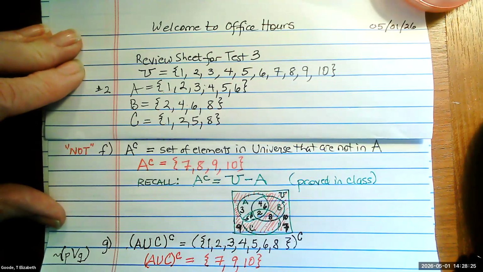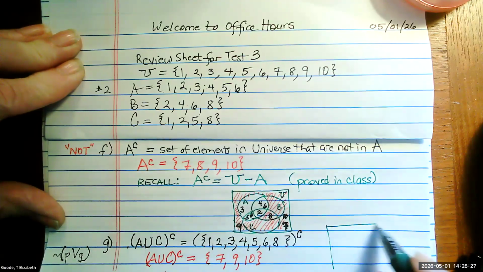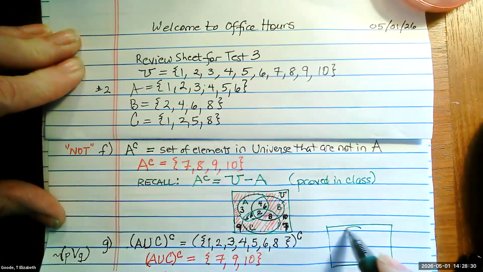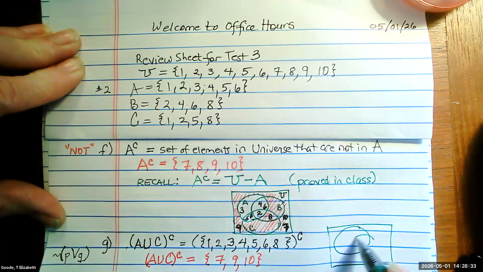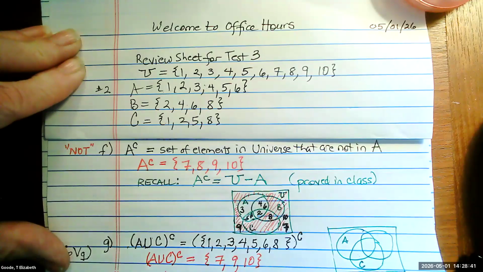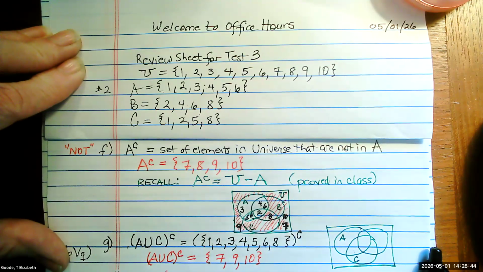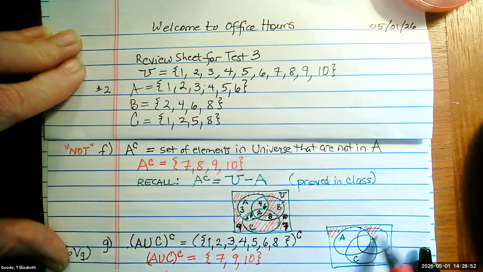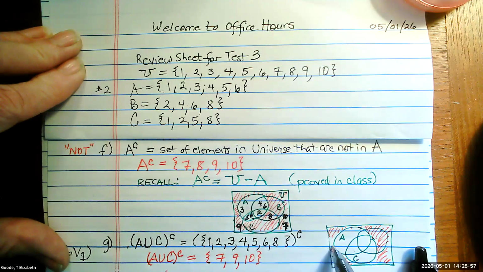And if we wanted to understand it with a Venn diagram, here's A, here's C, B is there too, but here's A and here's C. The union of A and C is anything that's in A or in C, and the complement of that is the elements that are outside of A and outside of C. Those are the ones out here, and that was 7, 9, and 10.